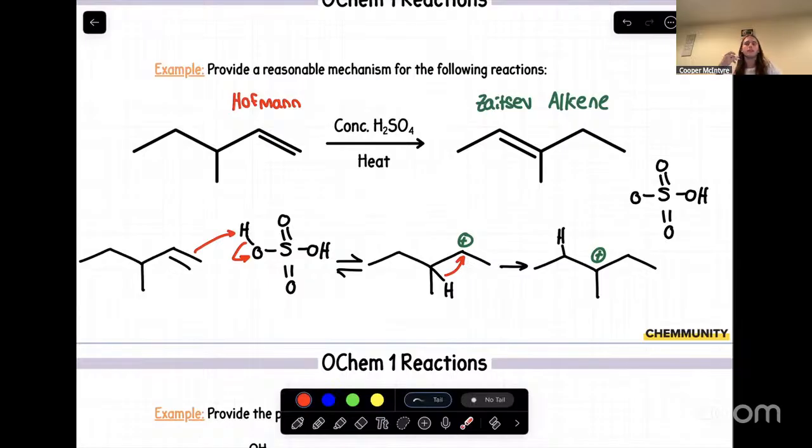And one thing about elimination reactions is that your hydrogen should always be beta to either the carbocation or your leaving group. Leaving group is more specific towards E2 when that's all a concerted reaction. But in terms of E1, we want our hydrogen that we will steal to be beta to our carbocation.